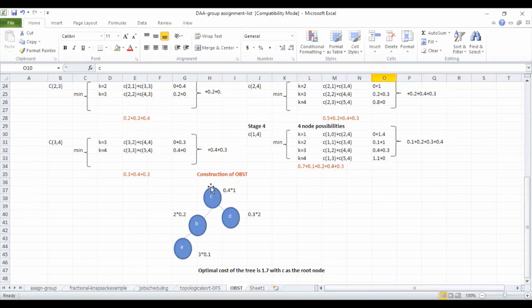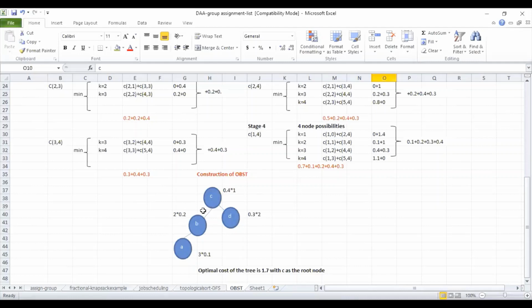So satisfying the property of OBST, we very well know that if C is a root node, then D would naturally appear to its right. Now, what should be the possibility of the left subtree?